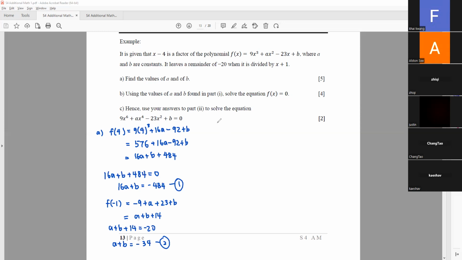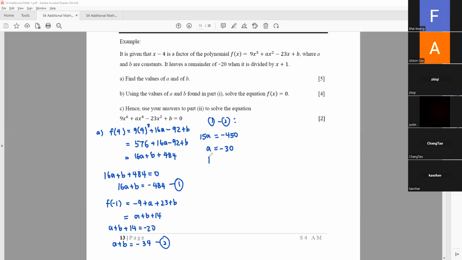Okay, so how to solve them? I just subtract equation 2 from equation 1. So 15a is equal to negative 450. Equation 1 minus 2. Okay, so a is actually equal to negative 30.